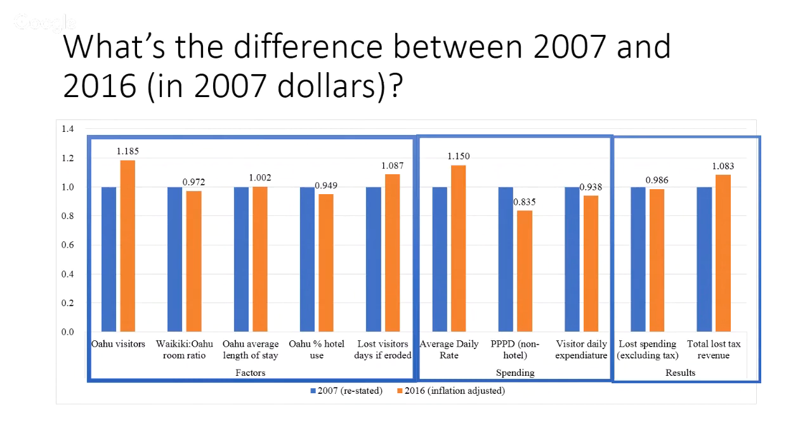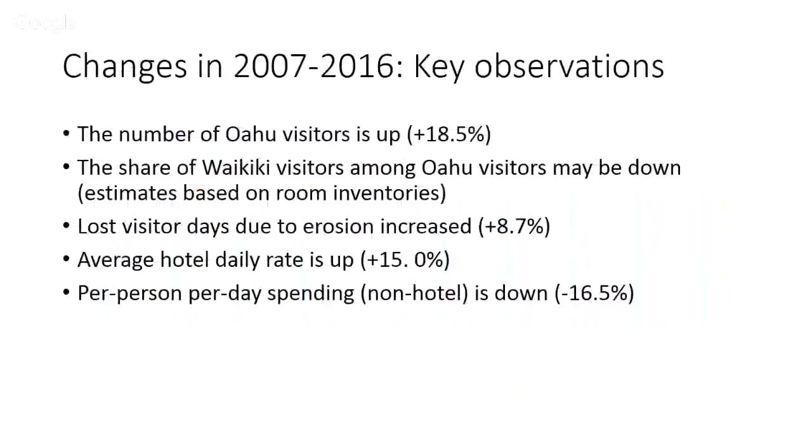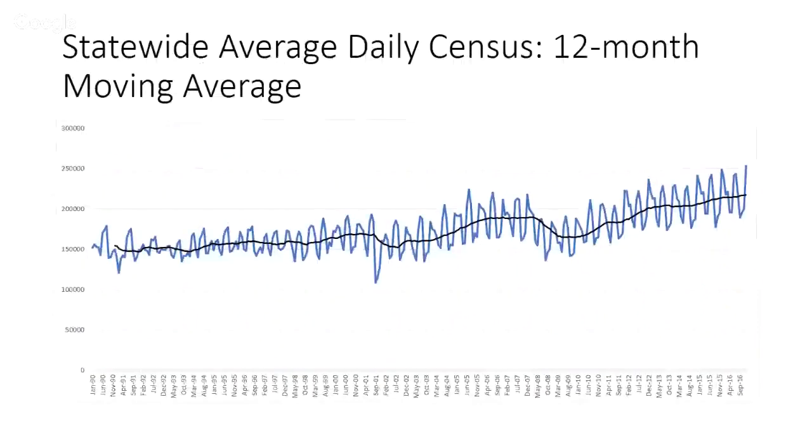But as a result, there's less money being spent. So for example, people are spending less per day, less on non-hotel costs. But overall, if we look on the very right, it's roughly the same amount of dollars that would be lost should there be no more beach. And that's the estimate here.